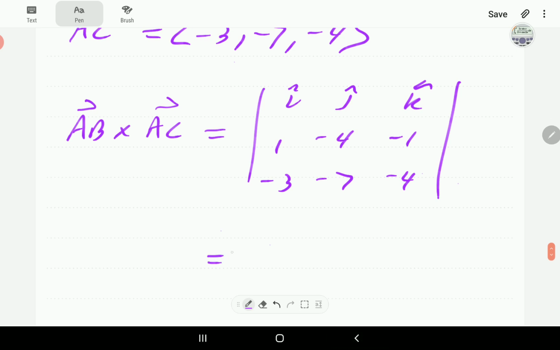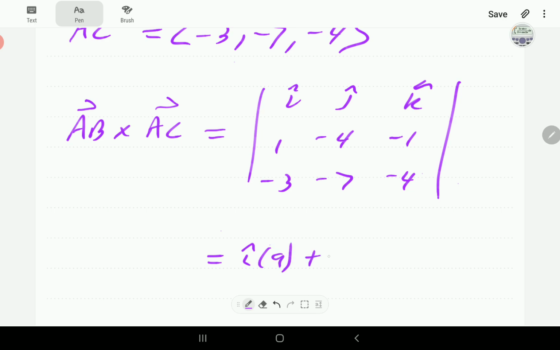Okay, this time I'm going to expand this along the first column. So for the first one, it's going to be 16 minus 7. What's 16 minus 7? 16 minus 7 sounds like 9.